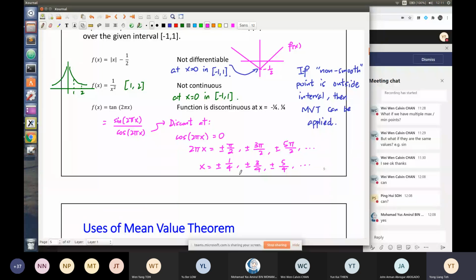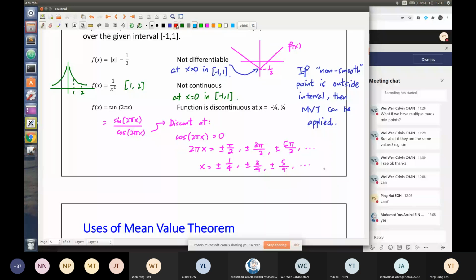So therefore, check which of the points of discontinuity are inside this interval, minus 1 to 1. Oh, actually you have 4 points of discontinuity.